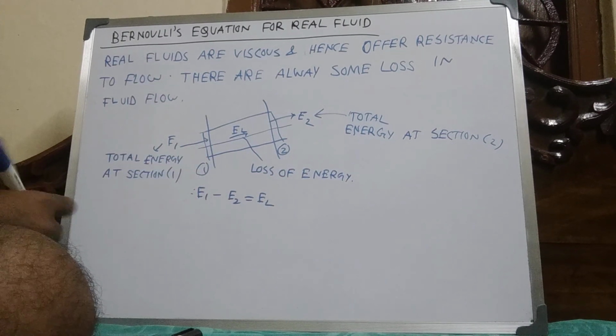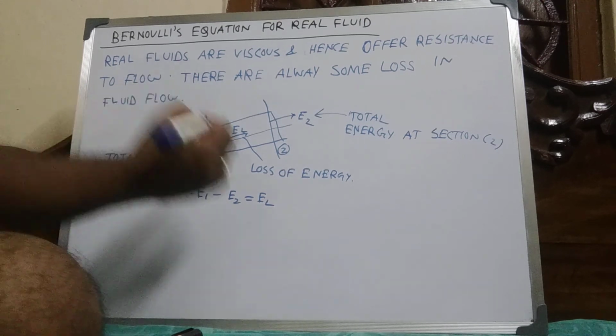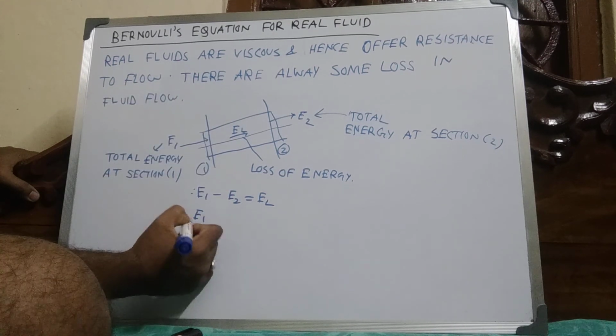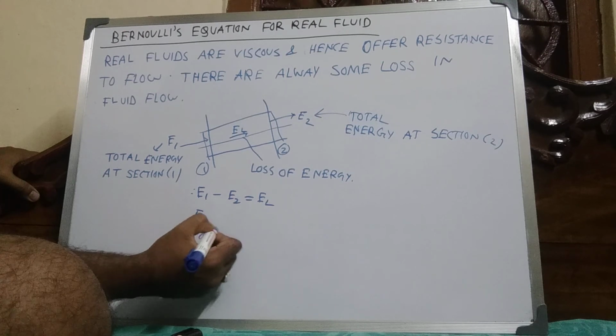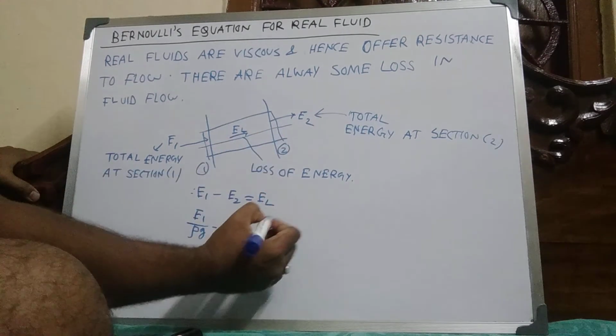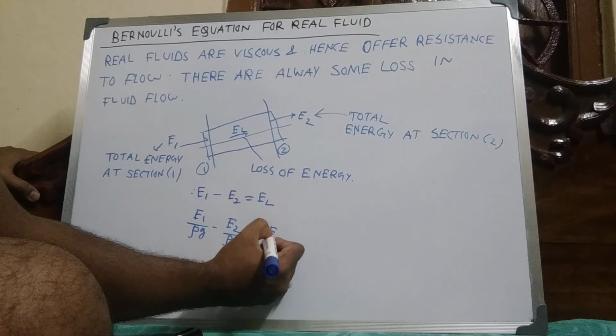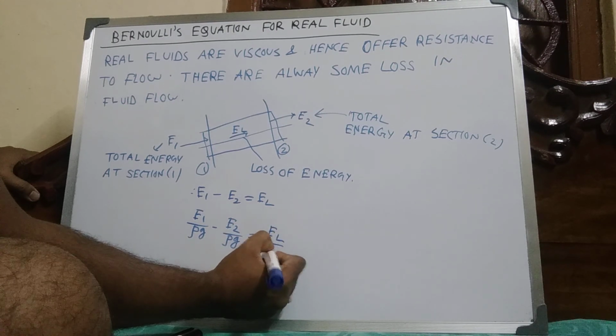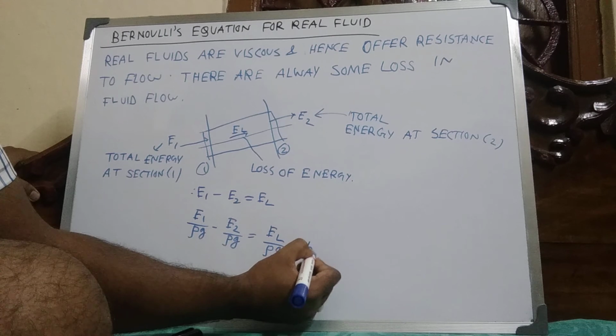And E1 by rho g minus E2 by rho g equal to EL by rho g equals HL.